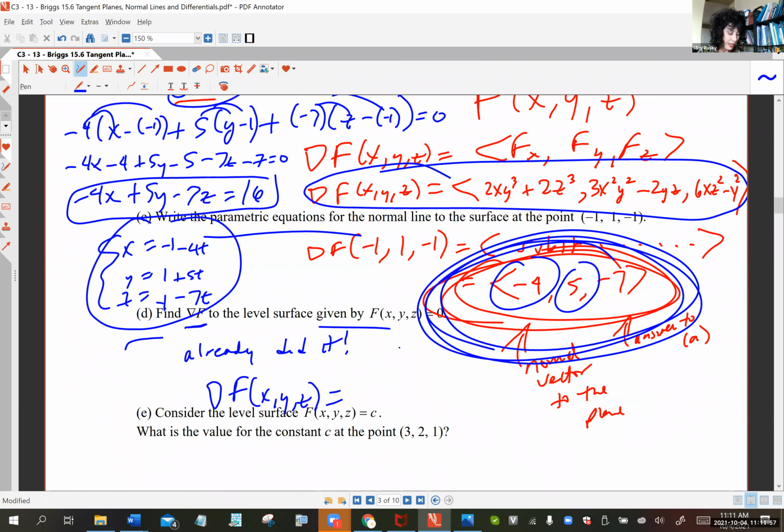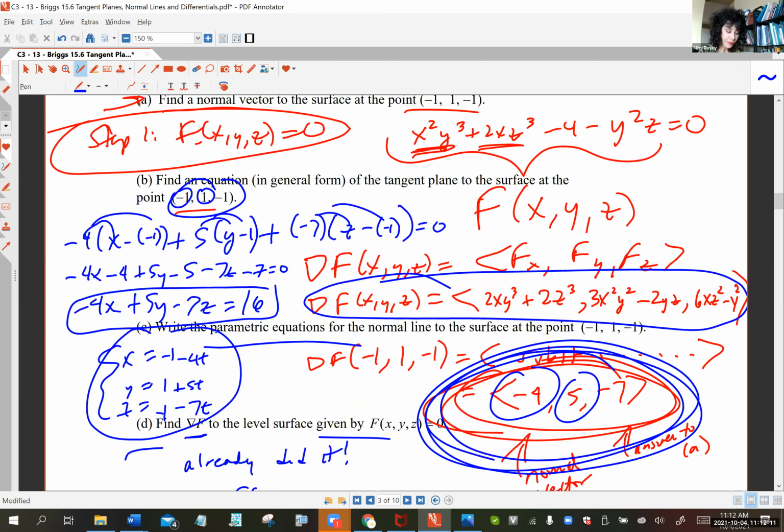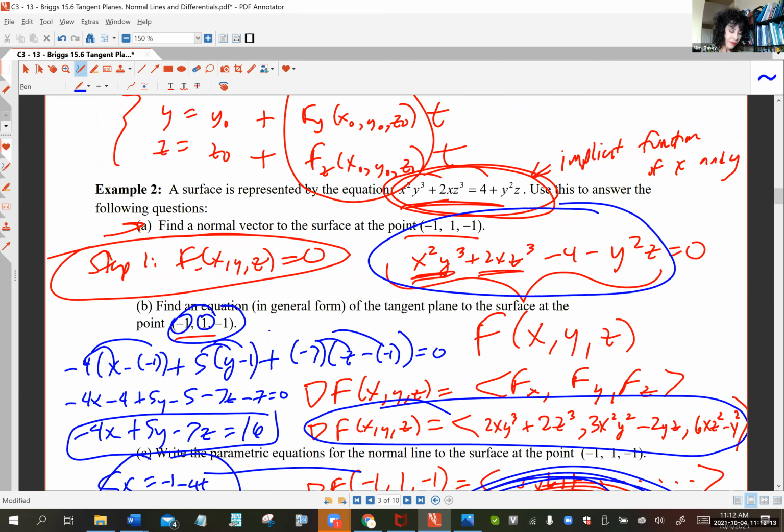All right. And then finally, what's the level surface f(x,y,z) equals c for the constant c if you were at the point 3, 2, 1? Well, if you look at big F up here, where we got everything on one side and 0 on the other, just plug in the point 3, 2, 1 and then set it equal to c.